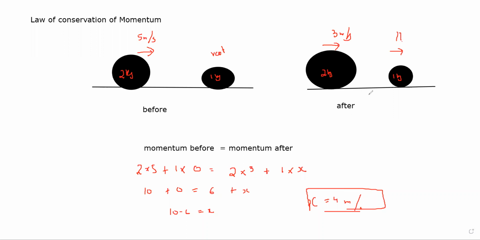But what will happen, for example, if in a question the two objects are moving in opposite directions before the collision? In that case, you have to consider the directions, because if one is positive, the other one should be negative.